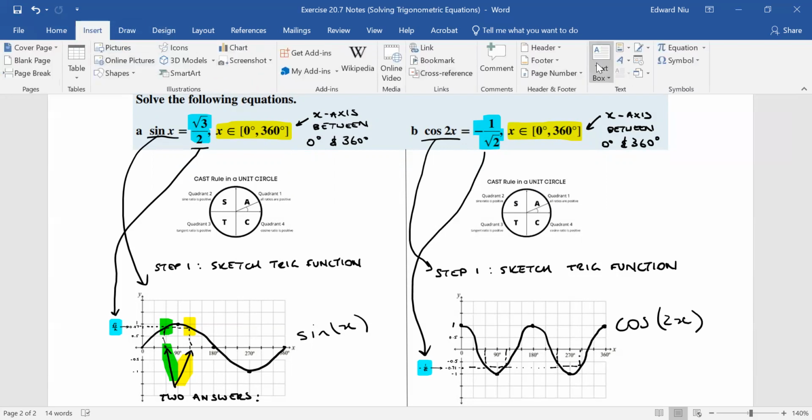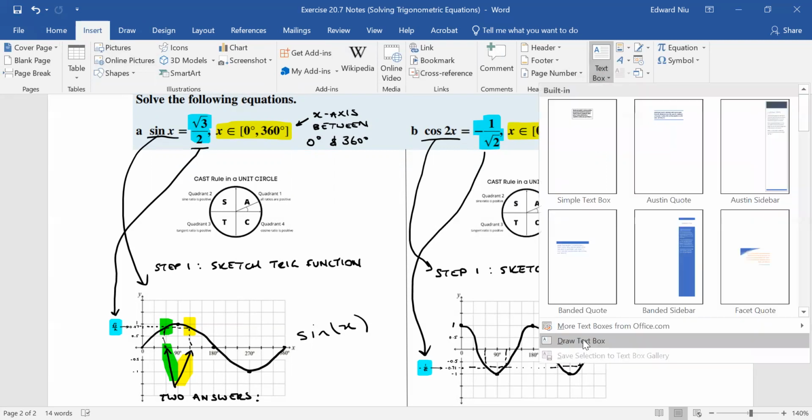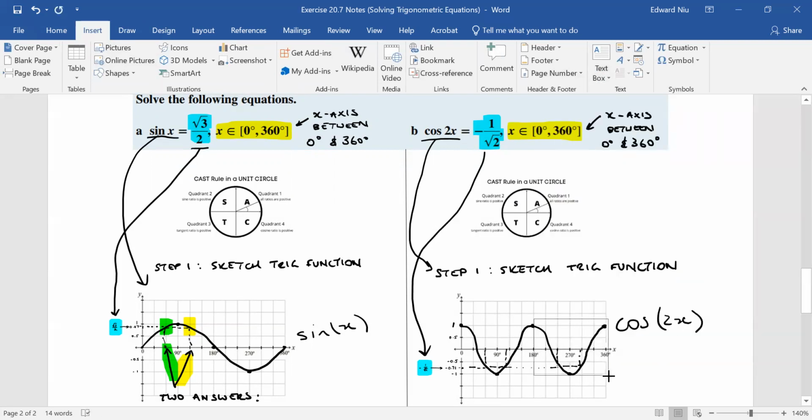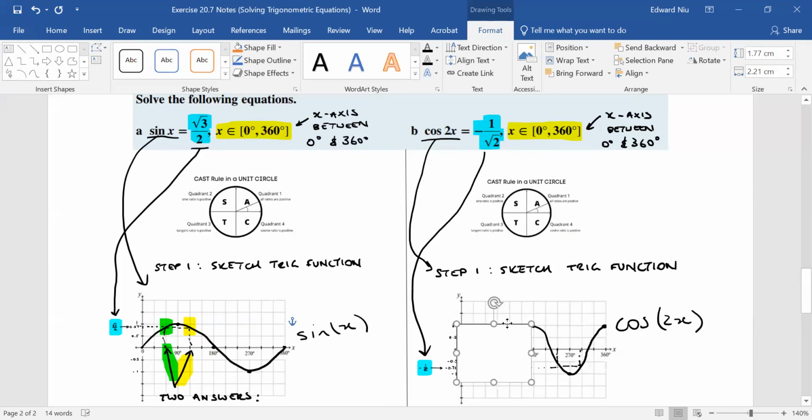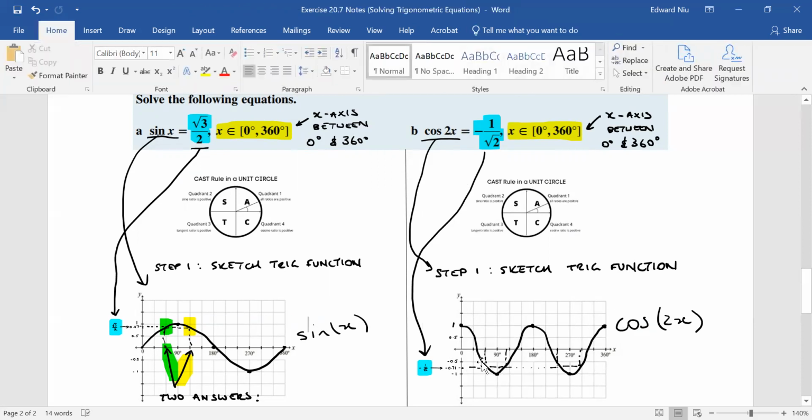If I were to draw a text box to block this part out, what you notice is we've got a V shape. Then if we go here, look, it's the same V shape again. If we didn't have the 2, it would just be one big V from 0 to 360. But because of the 2, we now have 2 sets of them in the space of 0 to 360 degrees.